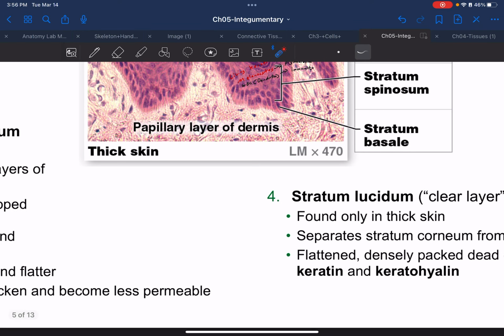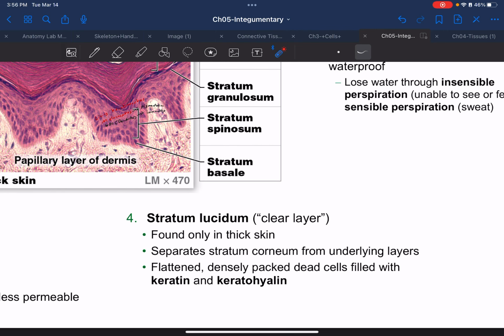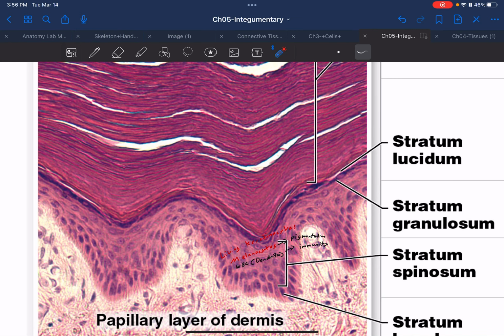They produce it. Now, lucidum. When you think about lucidum, this is a very high-powered image, and normally what you would see in a microscope. I kind of wish it was consistent with what we would see in lab, but you'll see that this layer actually looks see-through, and that's why it's called lucidum.